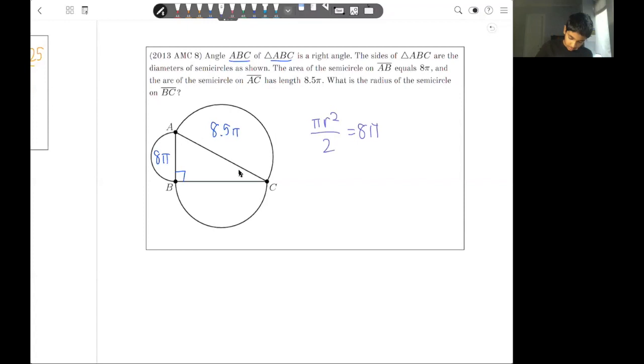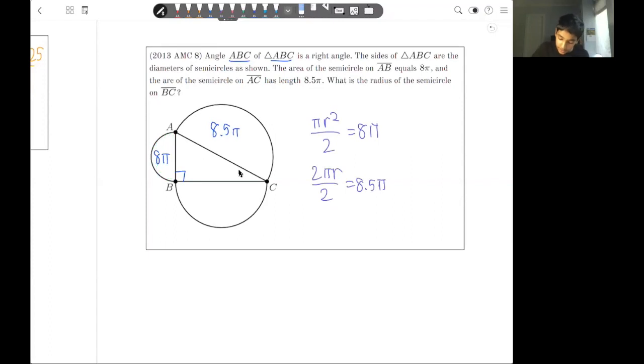Then you could use the Pythagorean theorem because you have the length of one leg, which is 8. You don't know the length of the other leg, but you know the length of the hypotenuse is 8.5. So from there, if you solve for the length of BC and divide that by 2, you should get the answer. Yeah, you should do something like that.